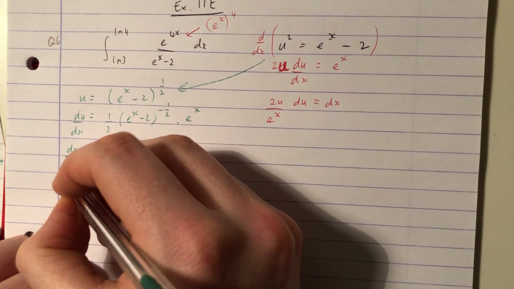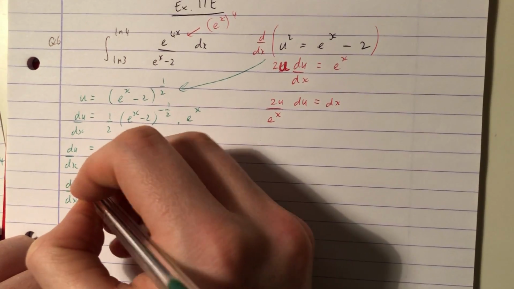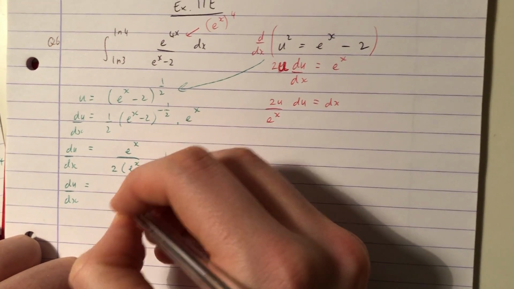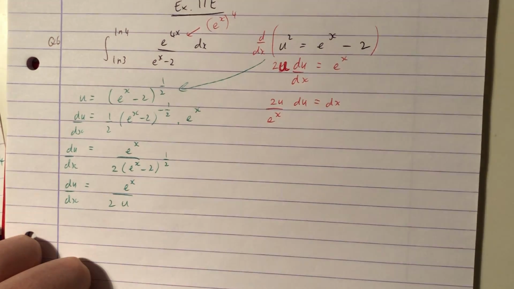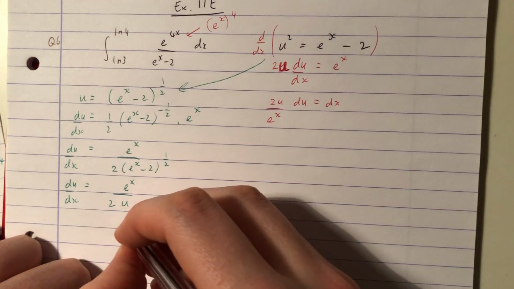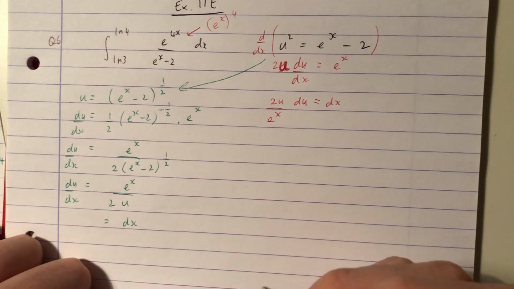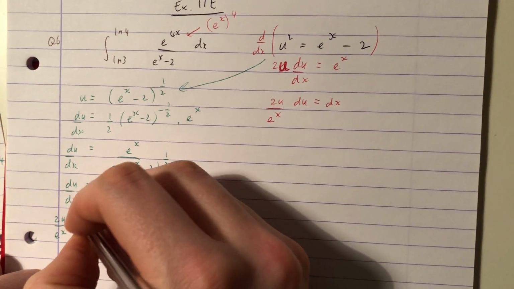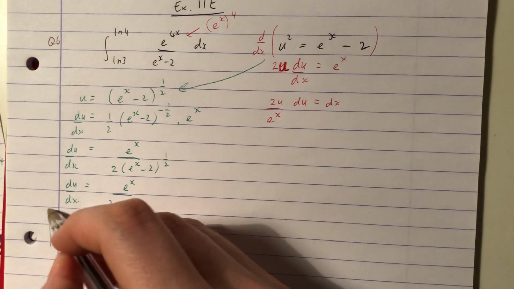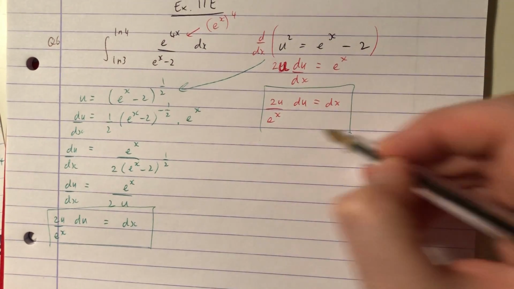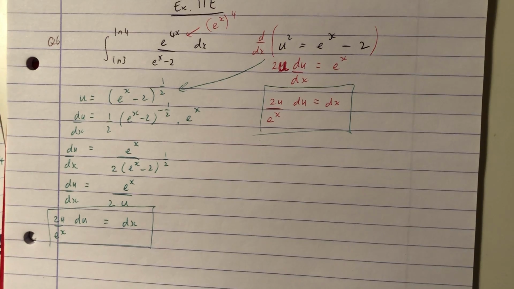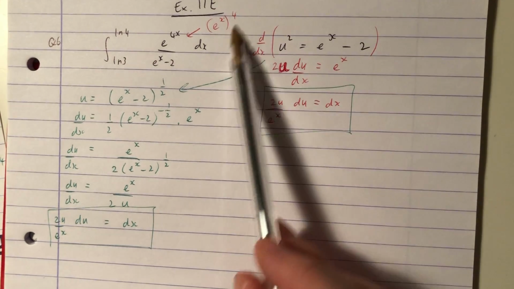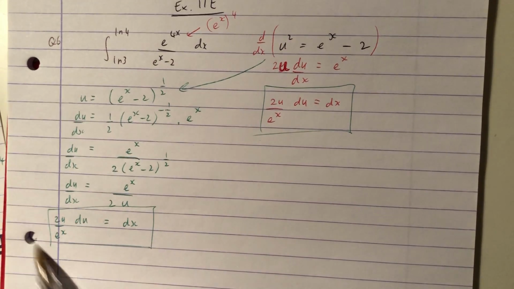So this is the same as du by dx equals e to the x over 2u. And if you make dx the subject, you get 2u over e to the x du, and that answer is the same as that answer, so they give exactly the same. Obviously the implicit differentiation is a lot shorter than all of this.